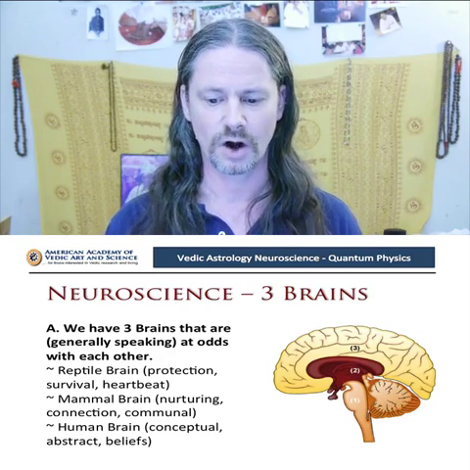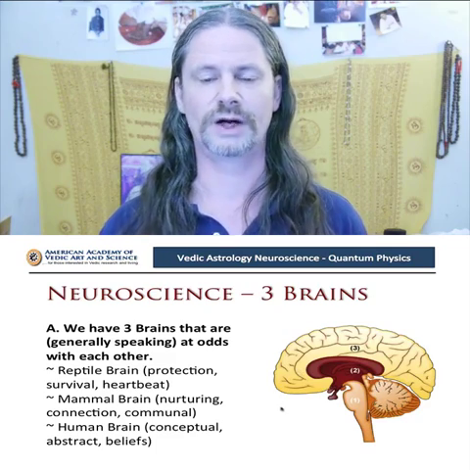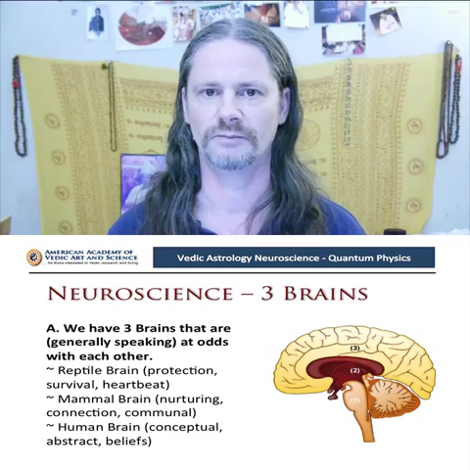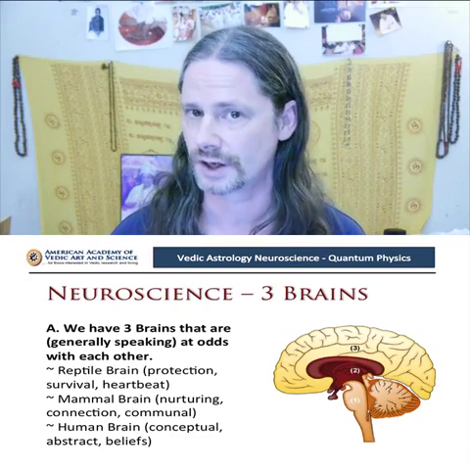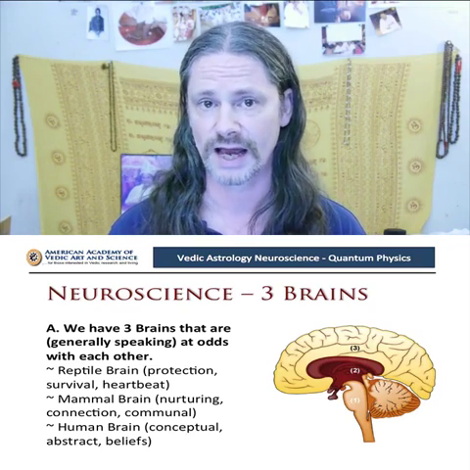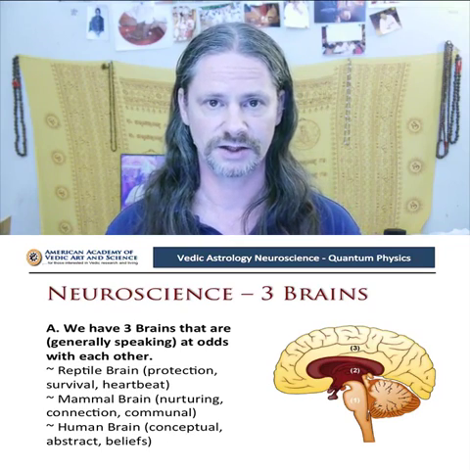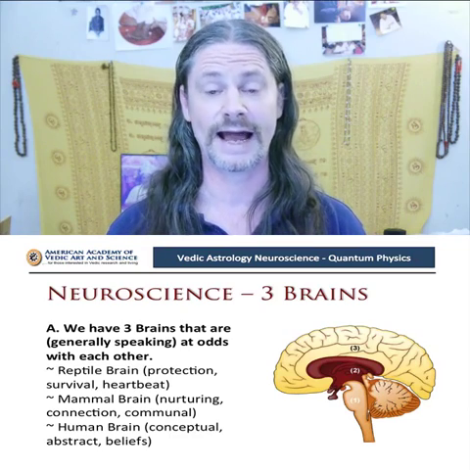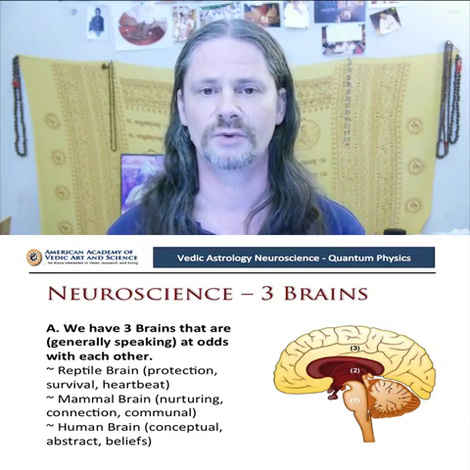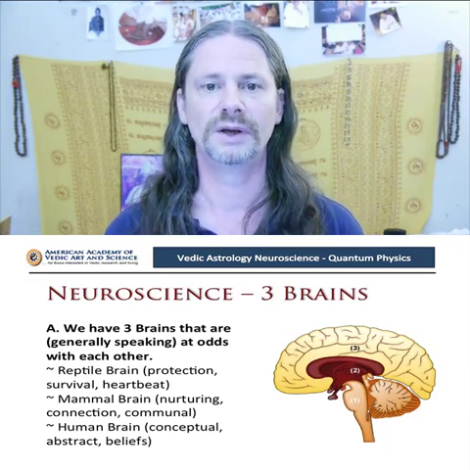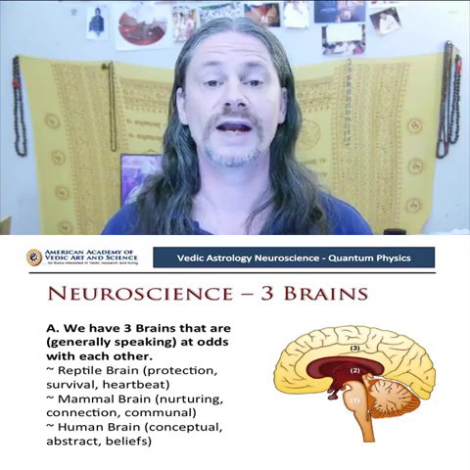But then on top of that reptile brain, we have a mammal brain, which is related to nurturing and having connections with others. And it's very much about mammals. Like when you see the way mammals act, they're very much in their communities, and they're very much about nurturing and things like that. But then we also have a human brain, or a conceptual brain, which has to do with abstract thinking, beliefs, creating ourself.